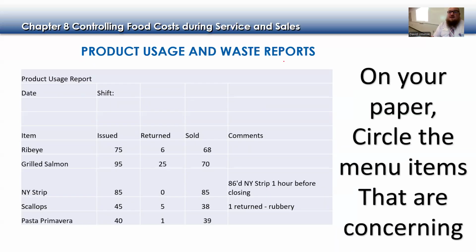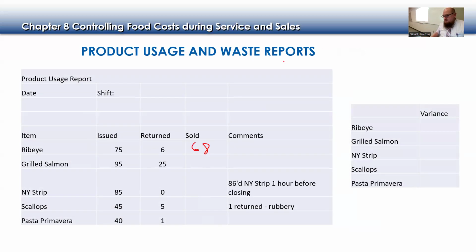So now let's go into our variance report. If you flip over, we're going to be on this page right here, which is technically the third page. So we sold 68. Let's transfer our numbers down into that item.